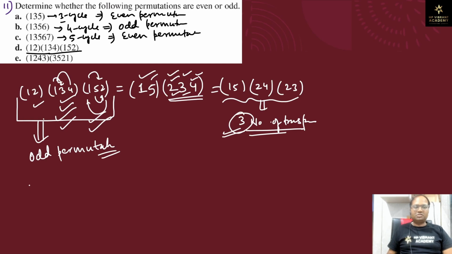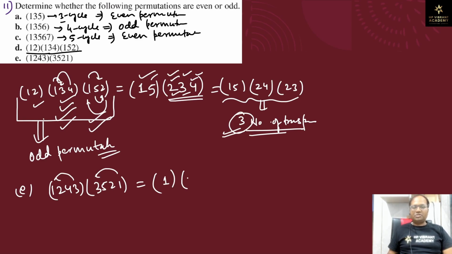Now let us discuss this one, E. We have (1 2 4 3) times (3 5 2 1). Let us do the multiplication. Start with 1. 1 goes to 3, 3 goes to 1. This is closed. Now start with 2. 2 goes to 1, 1 goes to 2. This is closed. Now 3 goes to 5, 5 goes to 2, 2 goes to 4, and 4 goes to 3.